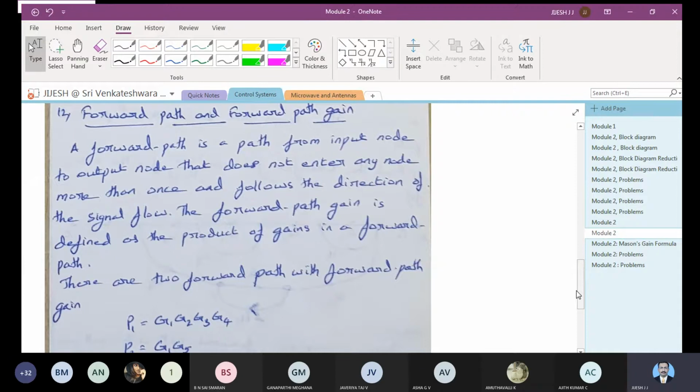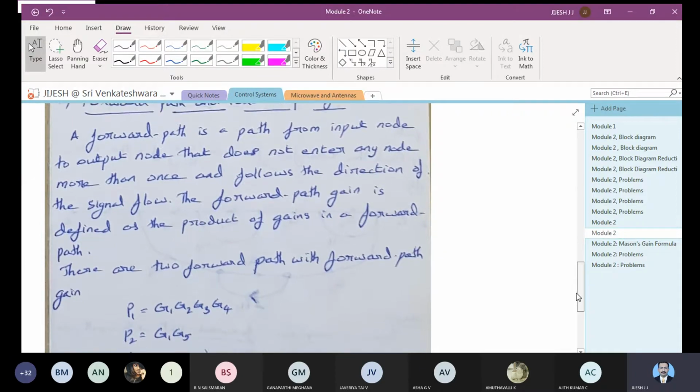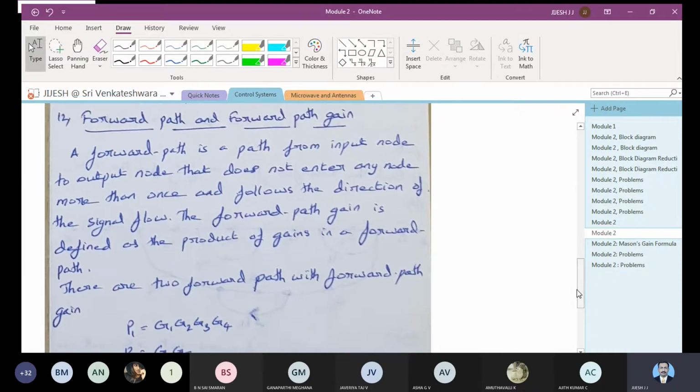What I am going to discuss now about forward path and forward path gain is very important to understand the problems, and we will be discussing Mason's gain formula for solving the problems further. So you should know what a forward path and forward path gain are.